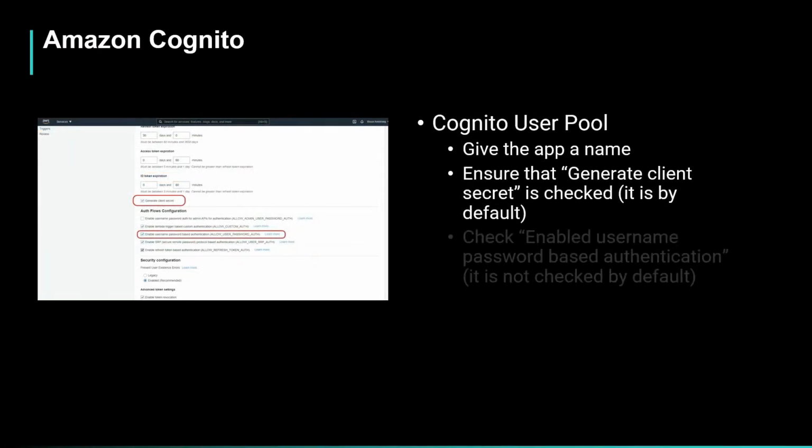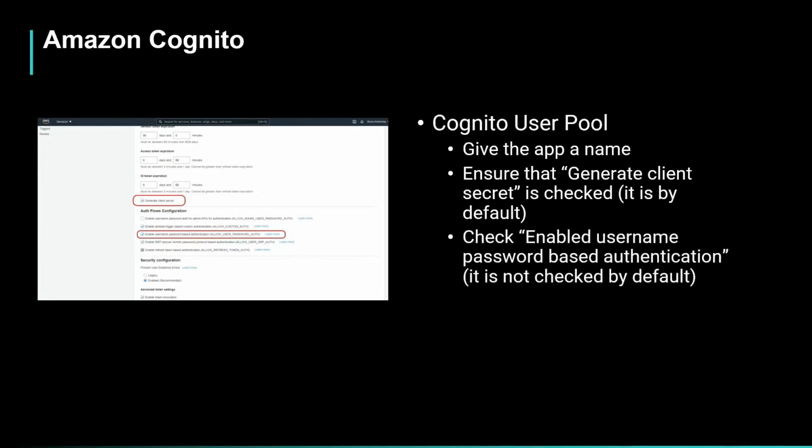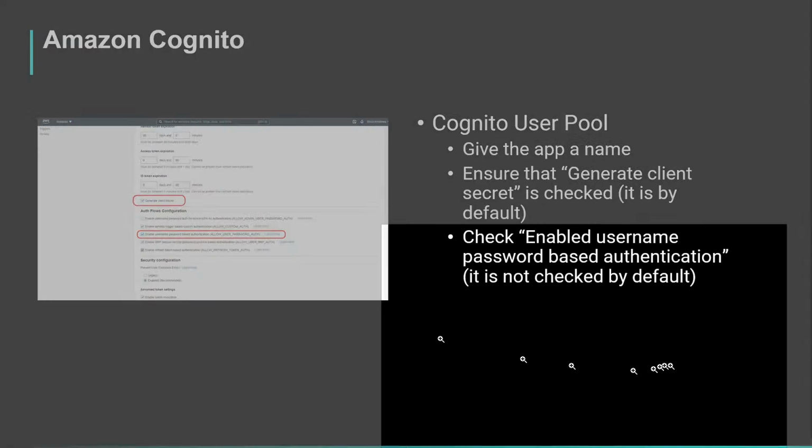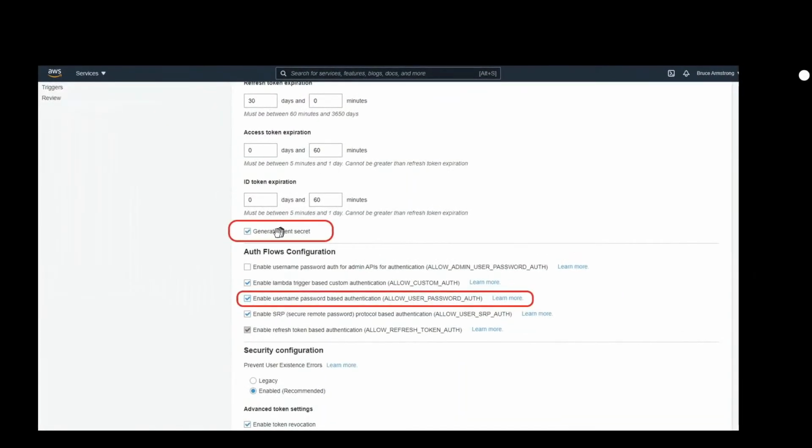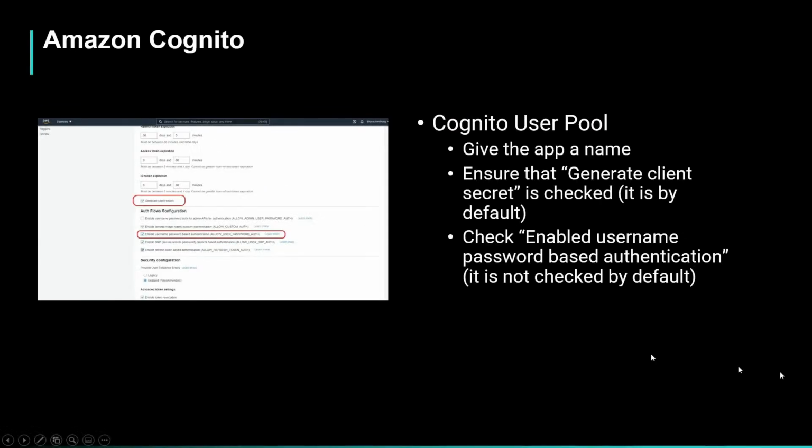So we want to give the app we're creating in the Cognito user pool a name. Ensure that we've checked generate client secret, which is usually checked by default. But then we also want to check this, which is usually unchecked by default: enable username password based authentication, because we're going to take the username and password the user has provided and pass that up to Amazon.